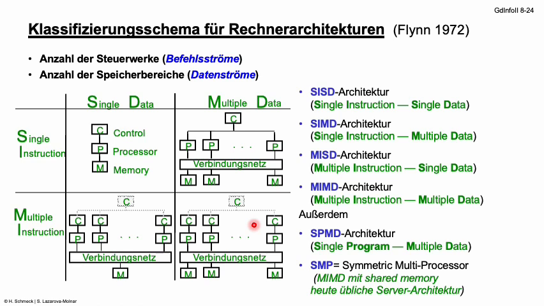So this is basically the opposite of single instruction, multiple data, in which a single operation is executed on multiple data sets. So nowadays, parallel computers are either single instruction multiple data or multiple instruction multiple data.